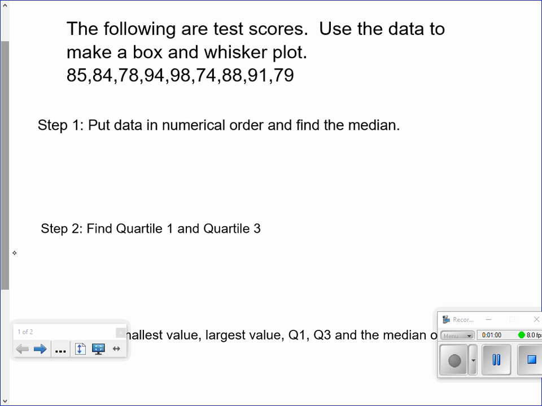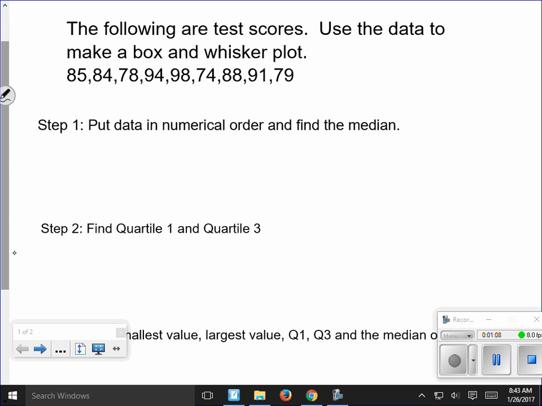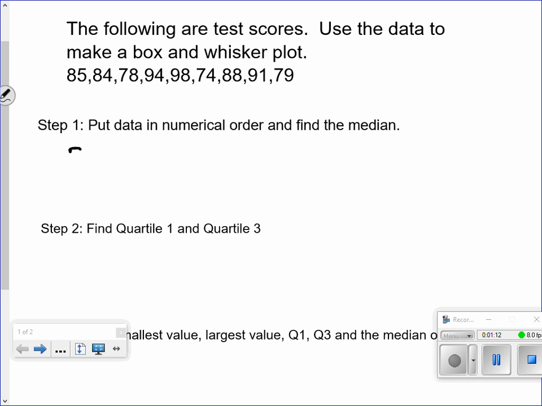Number 1, put the data in numerical order. That means that we got to take these numbers and put them in order. So we got, what's our lowest one? Okay, so 74. Then we got 78.